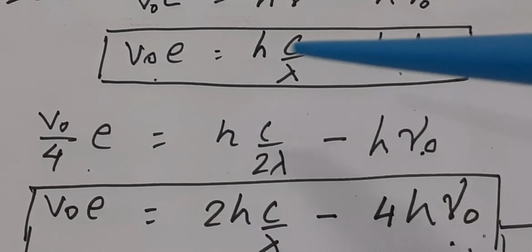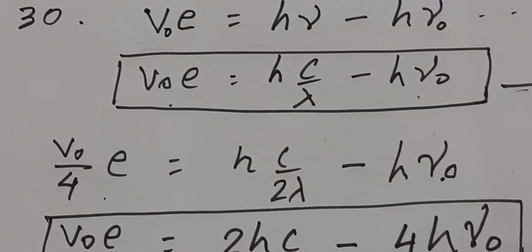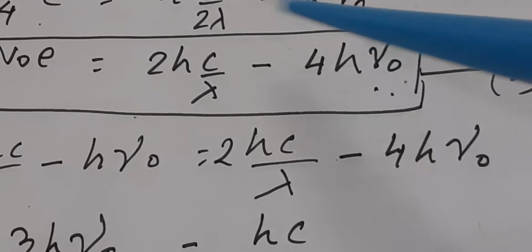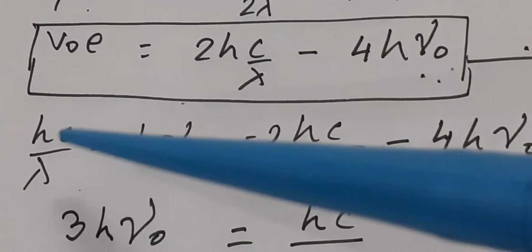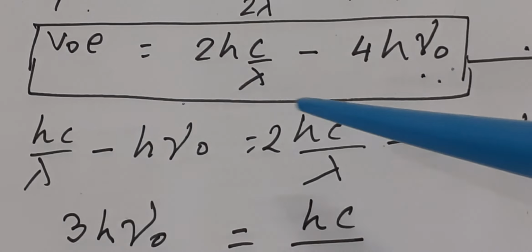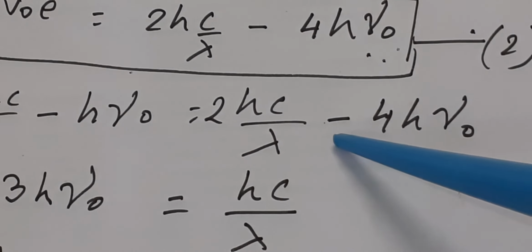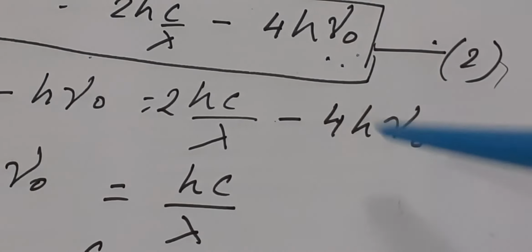Everything will come in terms of c, h, nu and lambda. So simplifying from these two, you will get h c by lambda minus h nu naught, which equals twice h c by lambda minus 4 times h nu naught. We have to find nu naught.